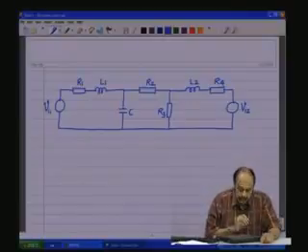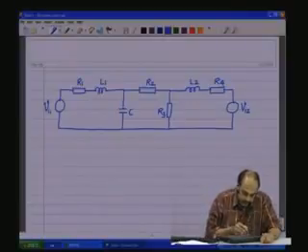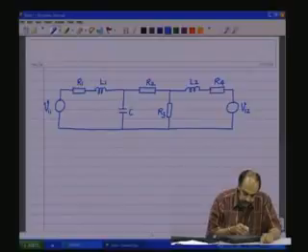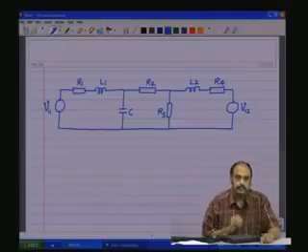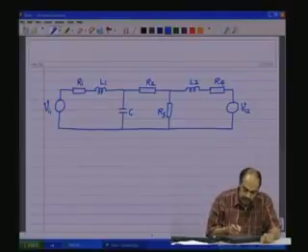So, this is the circuit. You see that there is a loop here, there is another loop here and there another loop here. So, there are three loops and there are two nodes here. One node is at this point, another node is at this point.